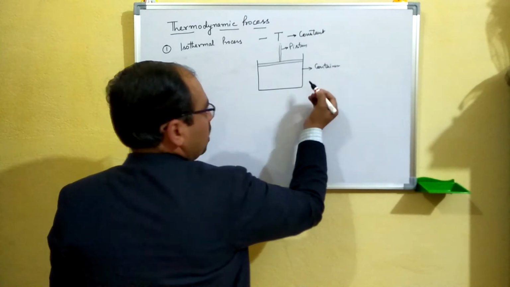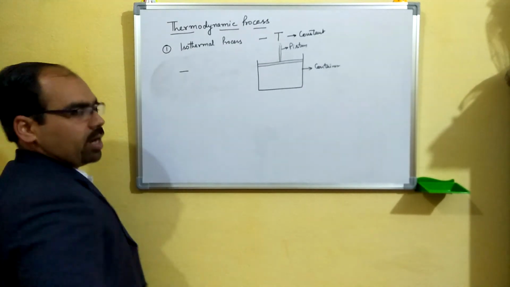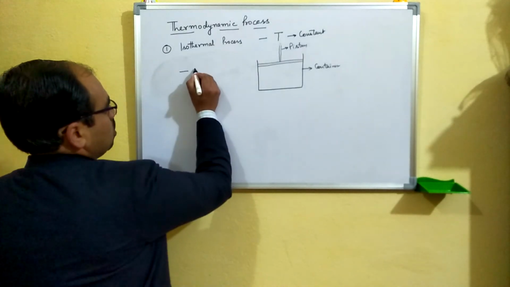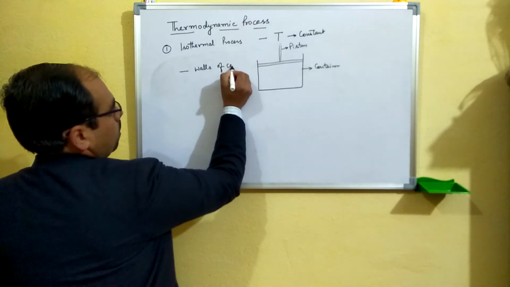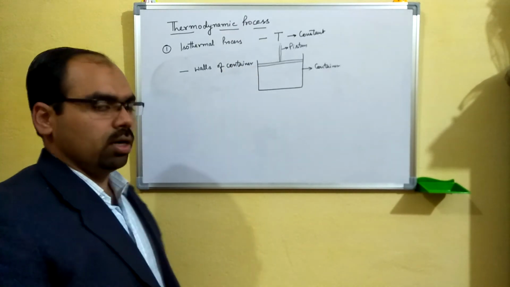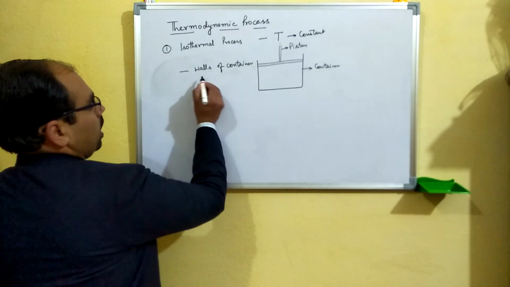The first condition for maintaining an isothermal, or constant temperature, system is that the walls of the container should be conducting.